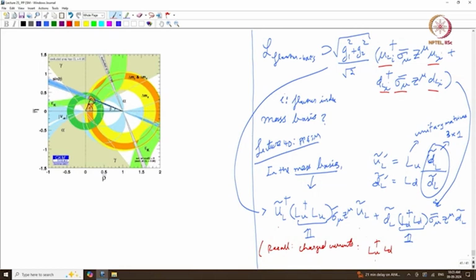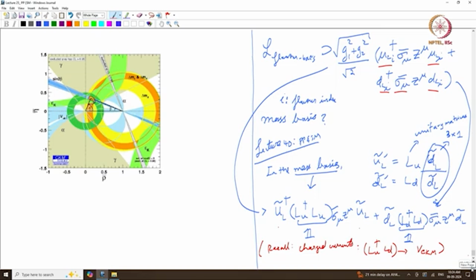So I still ended up with a matrix that in general is not unity, and that was indeed the CKM matrix, okay, but I do not have that luxury now. So it is not a luxury, I do not have that property here.